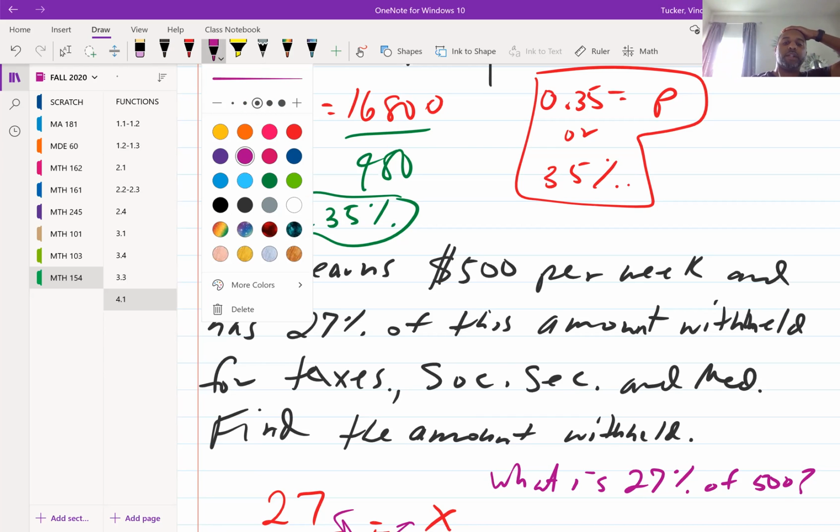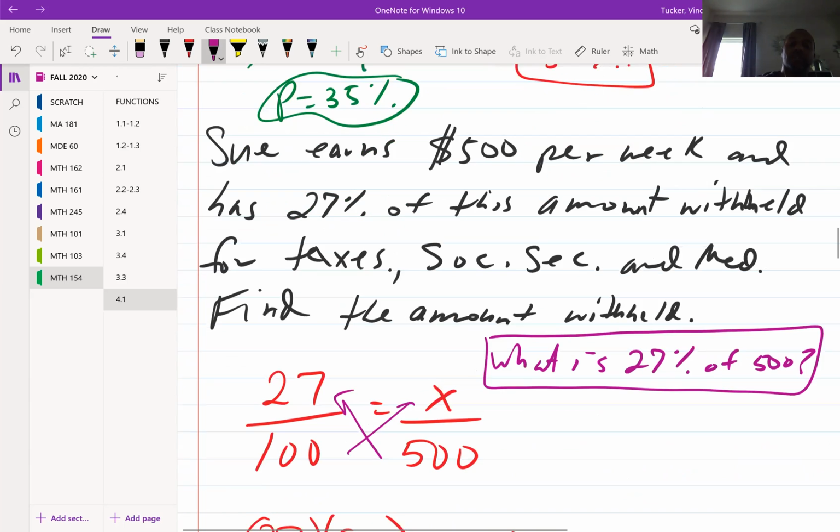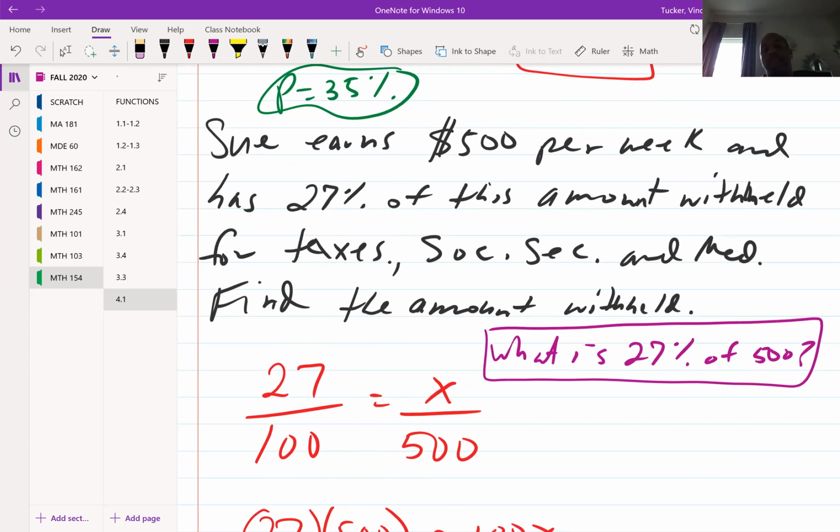A question you could ask yourself is, what is 27% of 500? That 500 is the total amount she earns per week, and you want to know what amount of it is being withheld. So set up your proportion: 27 over 100, because 27 is your percent. We don't know the amount withheld, but we know the total earned, 500, so that's X over 500.